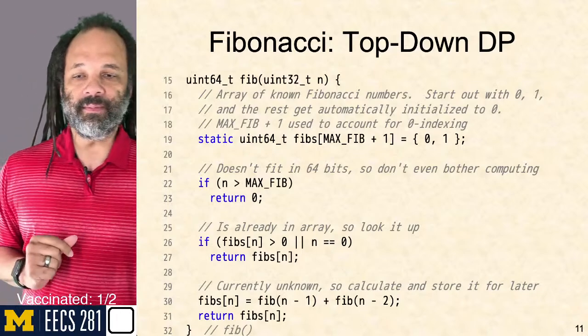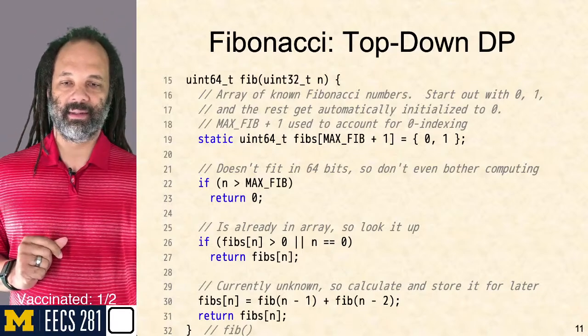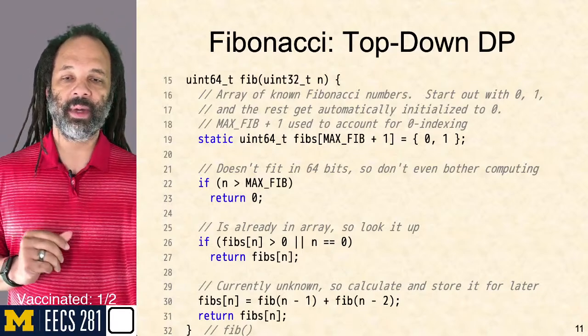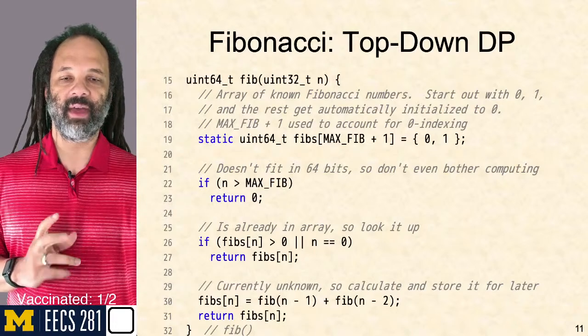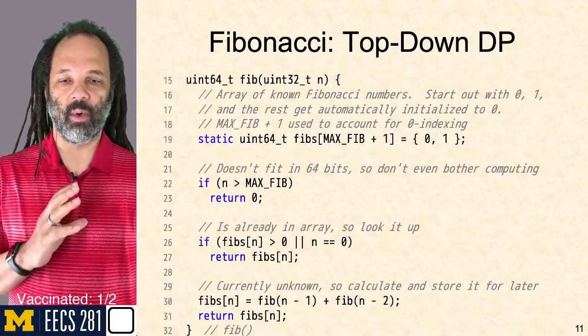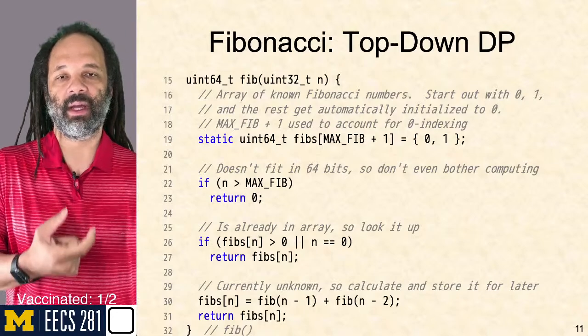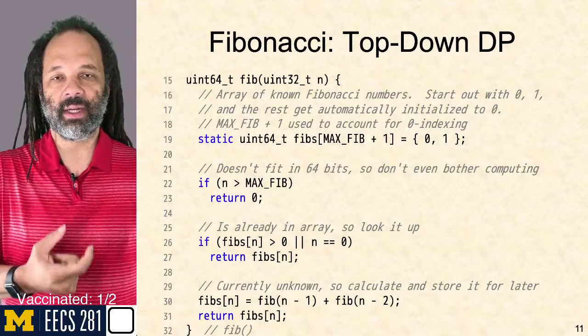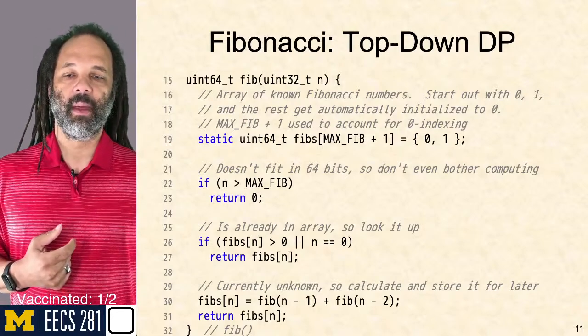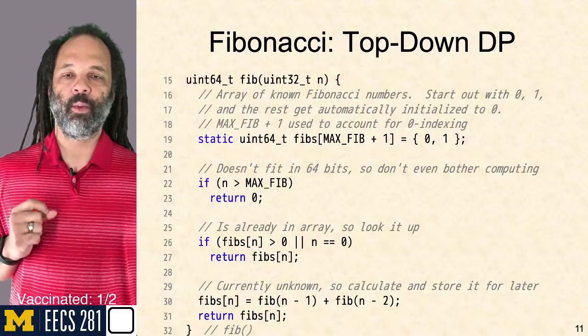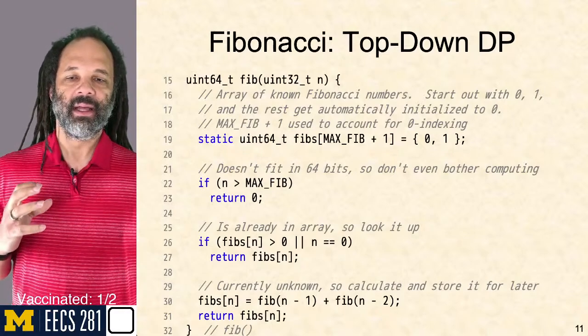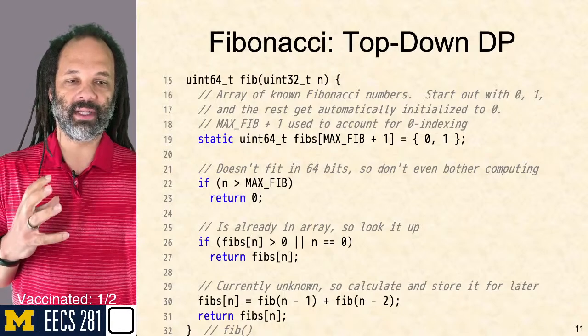Still more. Line 19, static uint64_t fibs of size 94, right? So fibs is an array of uint64 types, but it's also static. And what static means is this data belongs to this function.